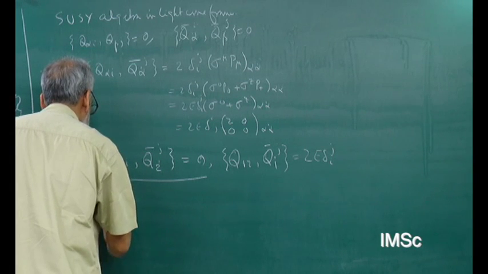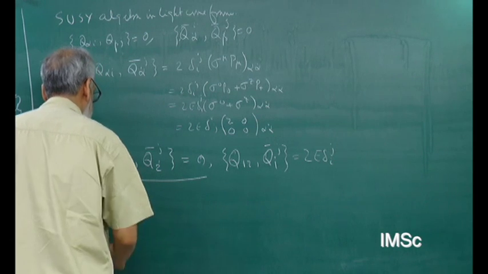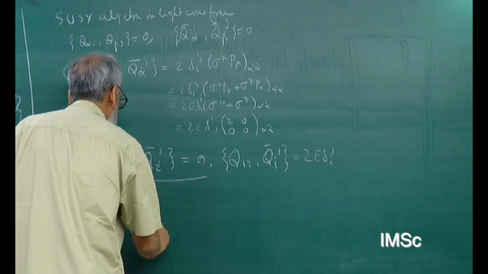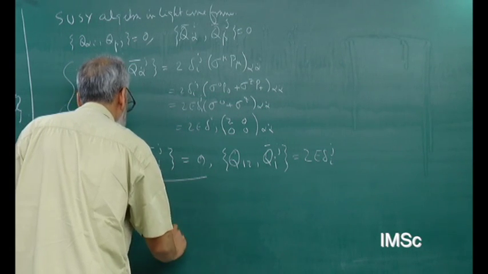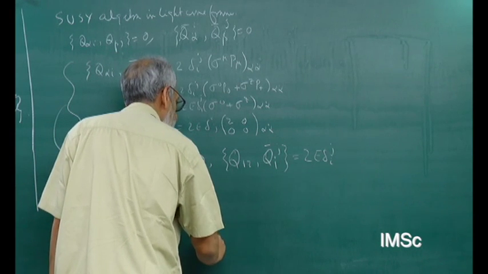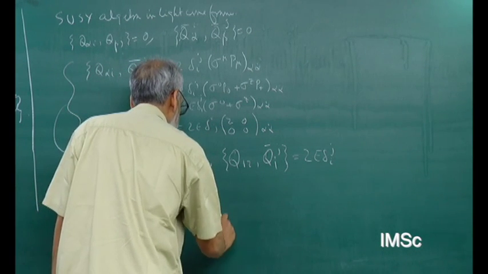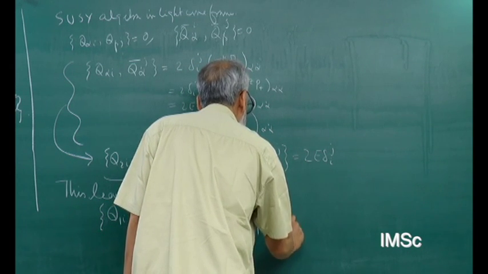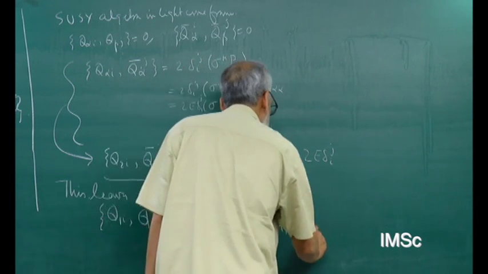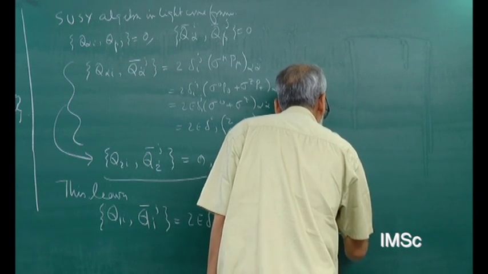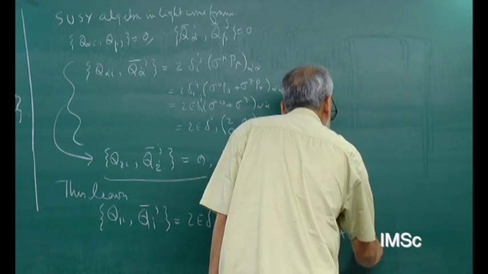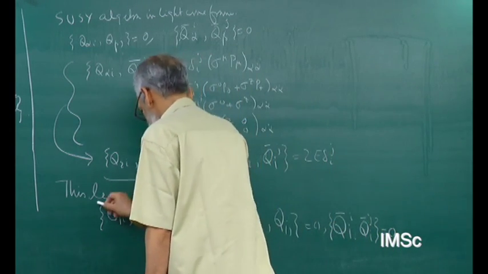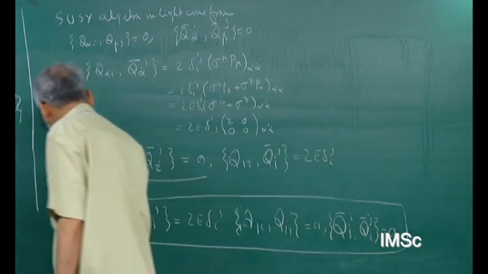So Q1 I, Q bar 1 dot j, and Q1 I Q1 j is 0, Q1 dot I, Q1 dot j bar. So we have only this algebra.